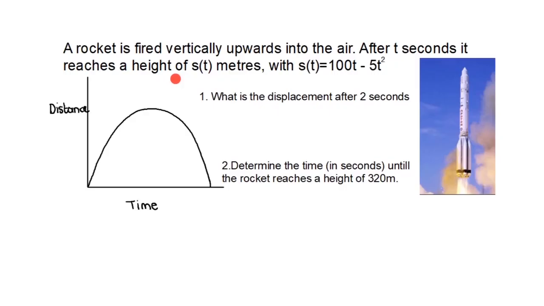The first example: a rocket is fired vertically up into the air. After t seconds, it reaches a height of s(t) meters, where s is given by this formula. So the height of this rocket is described by this formula, and the height is the distance it's moving upwards.